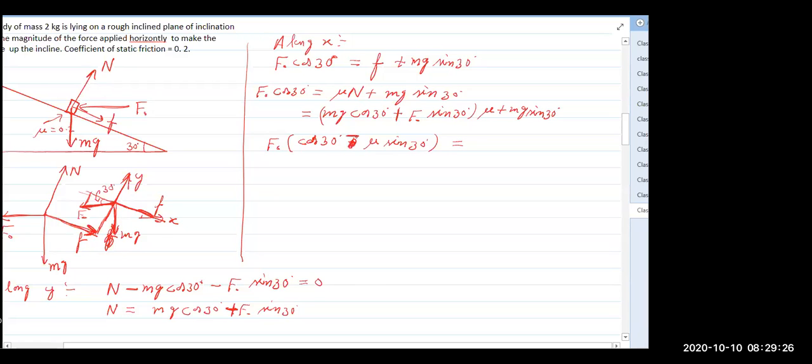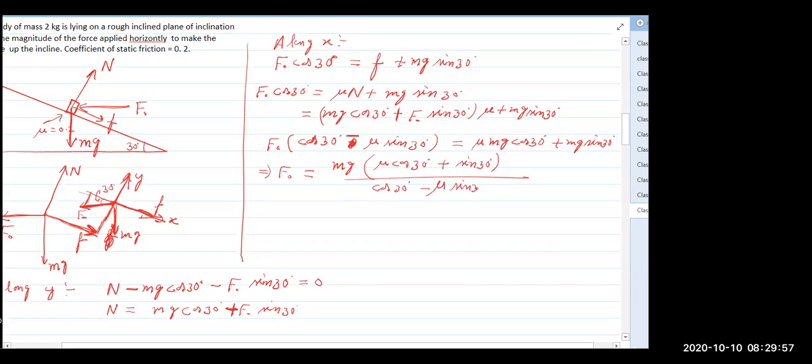It is minus here, and it is mu mg cos 30 degrees plus mg sin 30 degrees. Now f naught is how much? It is mg times mu cos 30 degrees plus sin 30 degrees, divided by cos 30 degrees minus mu sin 30 degrees. So this way we can do.